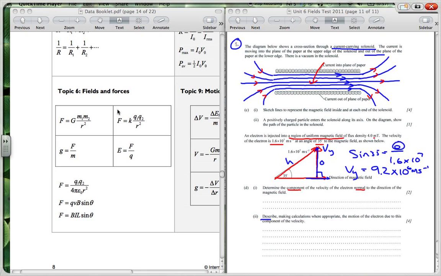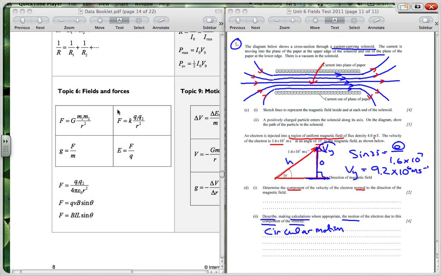Then describe, making calculations where appropriate, the motion of the electron due to the component of the velocity. With this component, our velocity is at 90 degrees to the direction of the magnetic field. There will be a force on this at 90 degrees. So it's going to cause circular motion. We could work out the force.